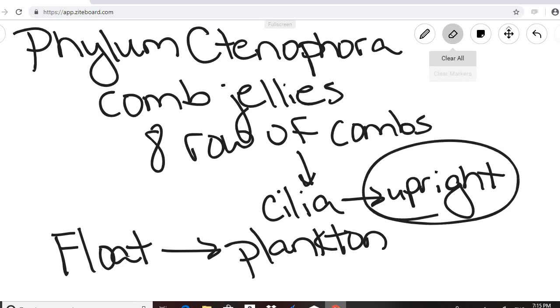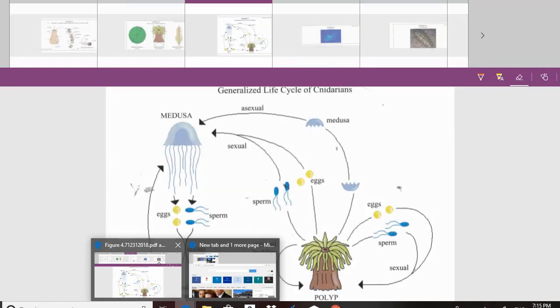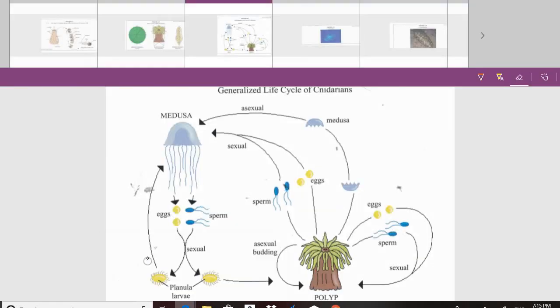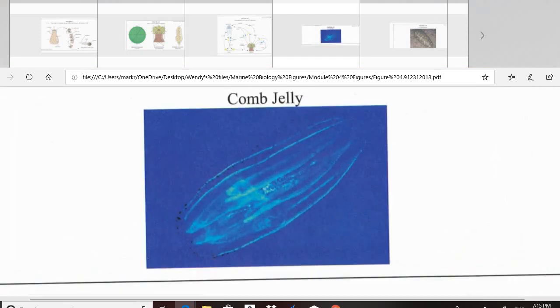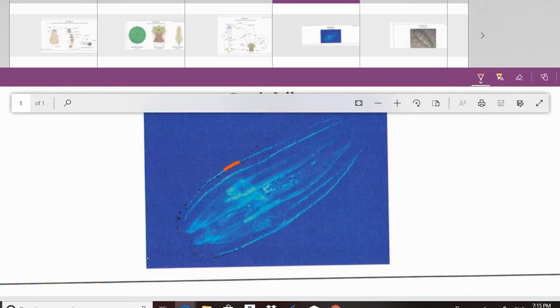So let's go ahead and look at a picture of one of those. Here's one. So here is a picture of a comb jelly, and if you count these, you can see that there are these 8 rows of combs that are cilia that help to keep this organism upright in the water.